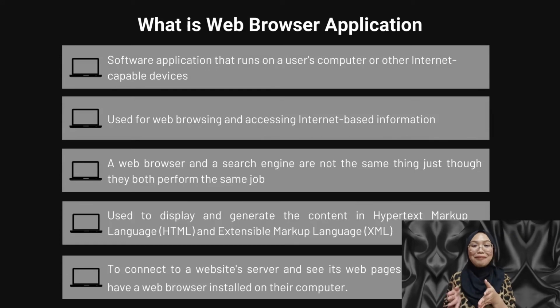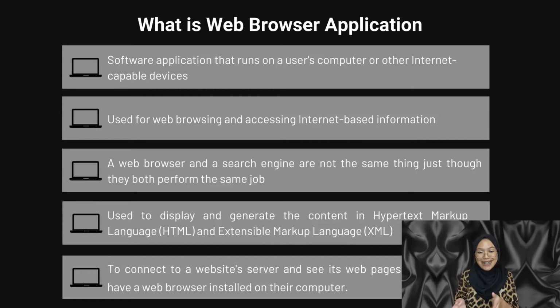A web browser can be defined as a software application that runs on a user's computer or other internet-capable devices. Users can retrieve, view, and interact with web-based multimedia content such as web pages and videos.